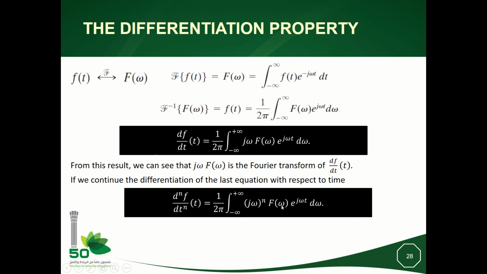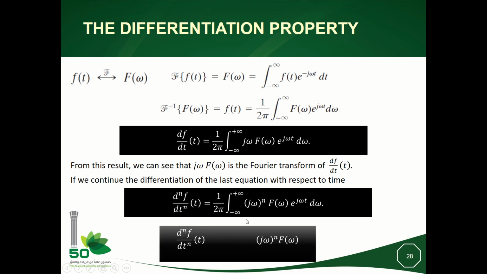And this is seen as the inverse Fourier transform of this function. As a result, we can say that the Fourier transform of d^n f over dt^n is j omega power n times F of omega, or this function in the frequency domain has an inverse Fourier transform equal to the nth derivative of f with respect to time.